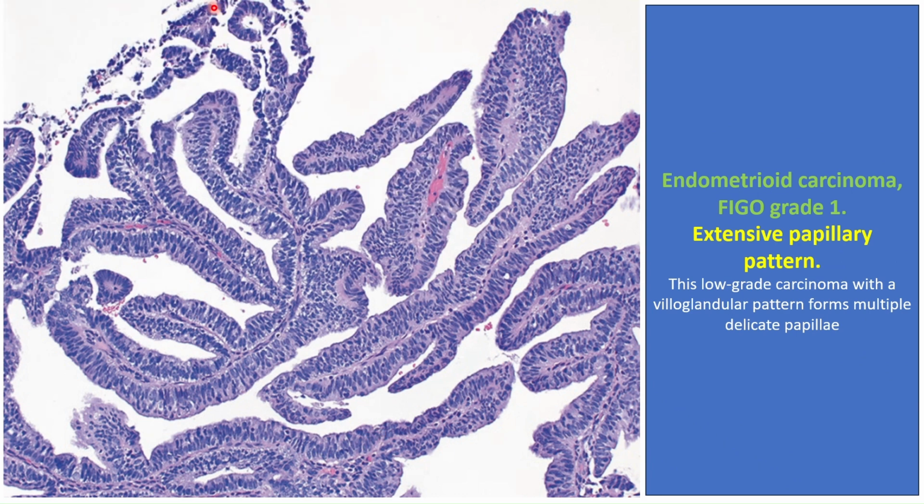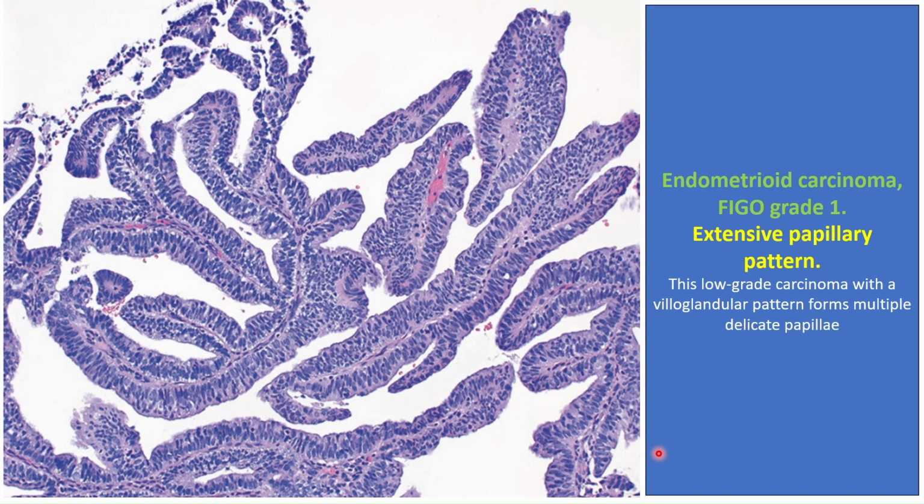So here we can see this is extensive papillary pattern with fibrovascular core, and this is having low grade nuclear atypia, means this is low grade carcinoma with villoglandular, means finger-like projections, and multiple delicate true papillae with fibrovascular core.